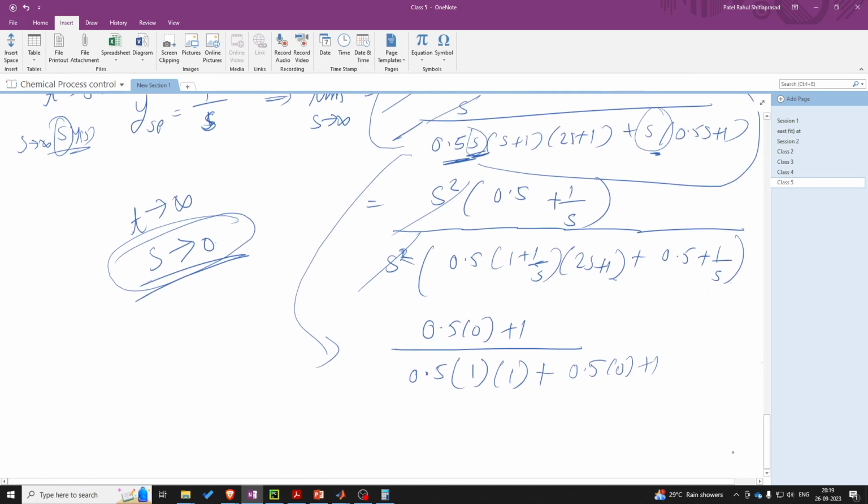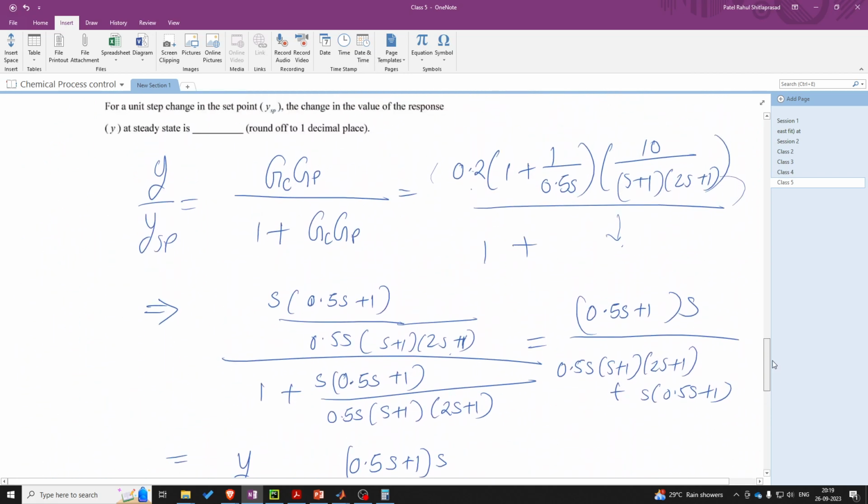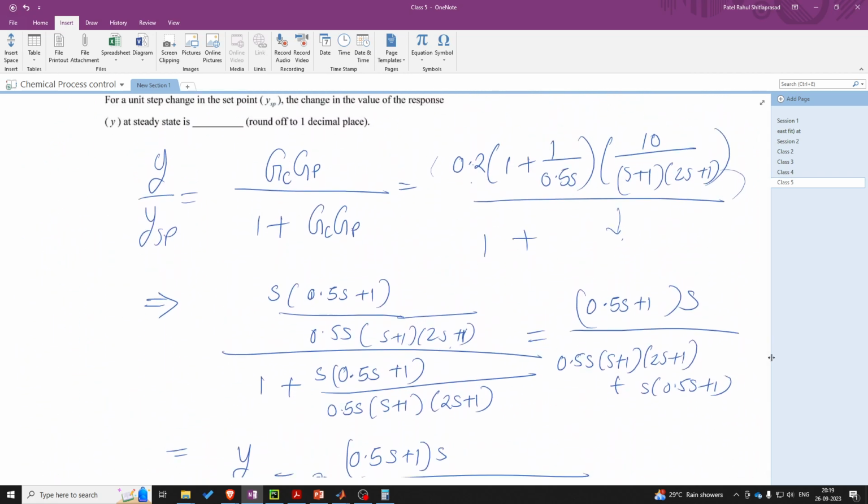So this will become 1 upon 1.5. So this will be our steady state value. But I don't think this is the final answer. I think algebraically I am doing something incorrect. So you can just try working out the mathematics behind this. Over here I might have done something wrong.